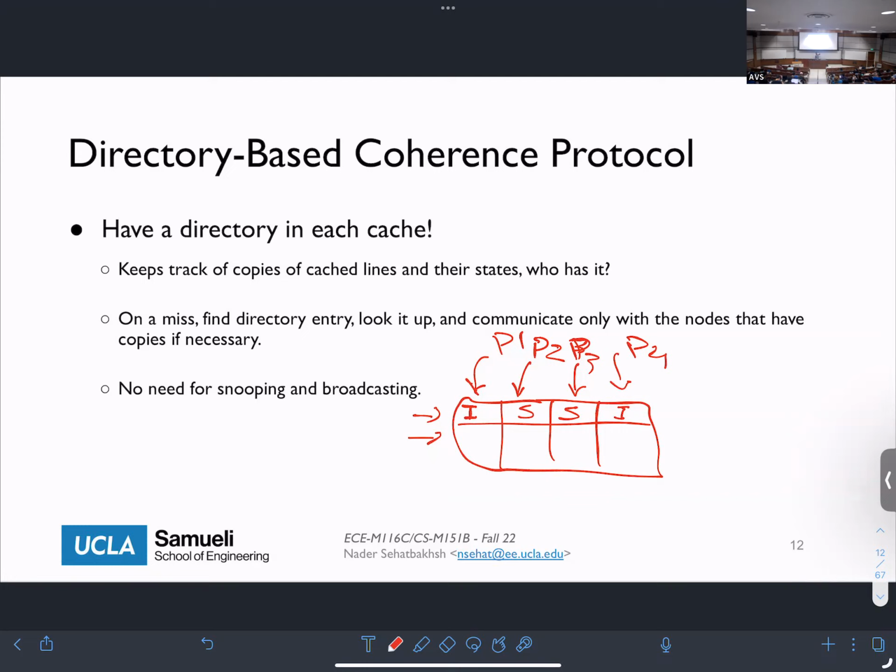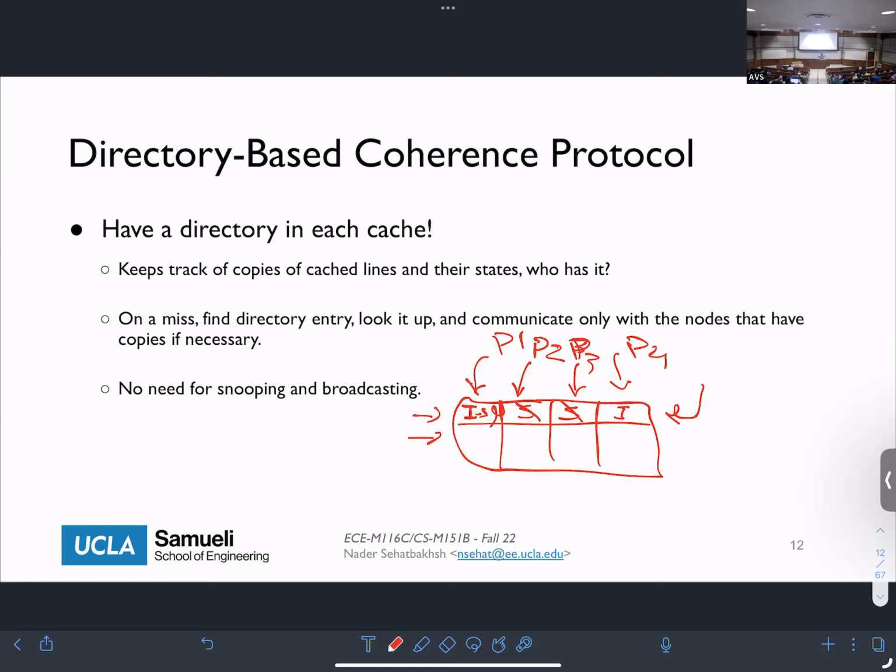If something happens, all we need to do is update this for ourselves, and then send the corresponding command to those cores. For example, if P1 wants to go to M, we tell P1 to go to M, and tell everybody else to go to I. So we send just a command.